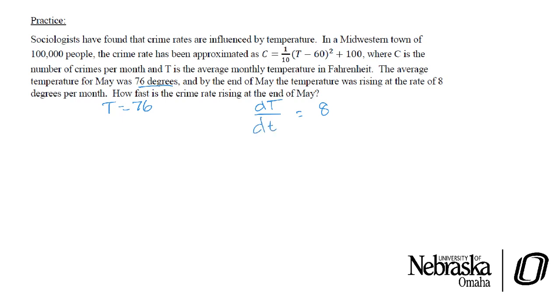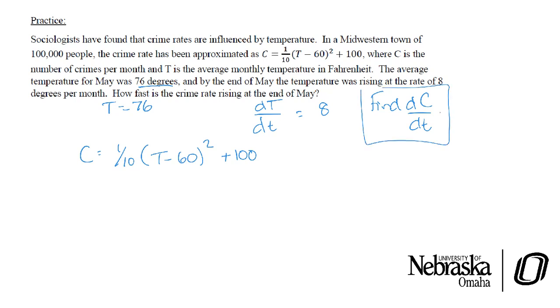I put dT/dt, the derivative of the average temperature over the derivative of time in general, and that is equal to 8. So if we go back to our original equation, 1/10 times (T minus 60) squared plus 100, we are looking for how fast the crime rate is rising at the end of May. So that means we're looking for dC/dt. That's what we're trying to find.